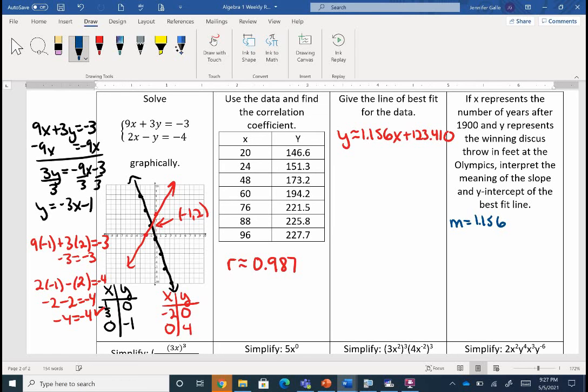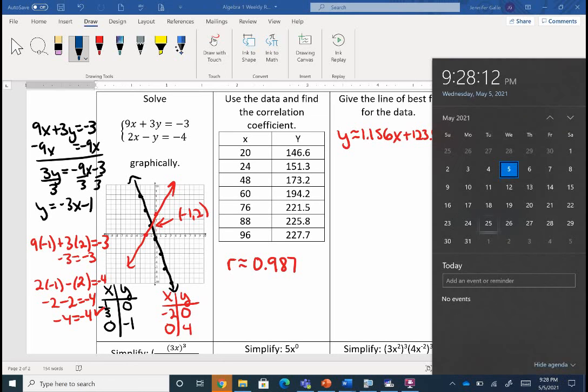And remember, our slope is the change in y over the change in x. So y is the winning discus throw in feet. So y is feet. And x is the number of years since 1900 or after 1900.